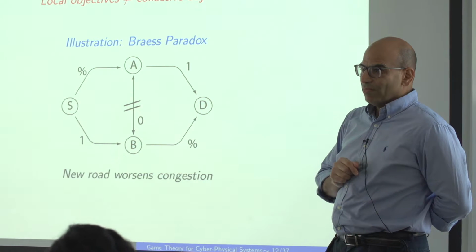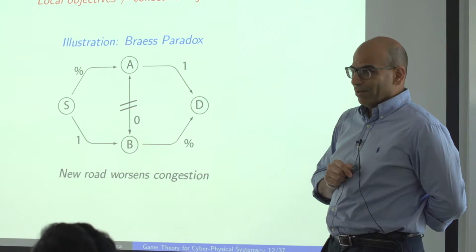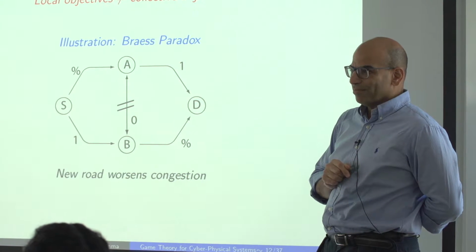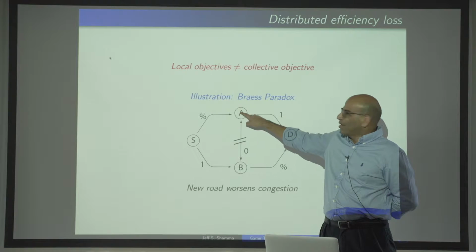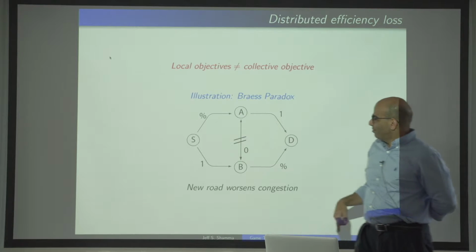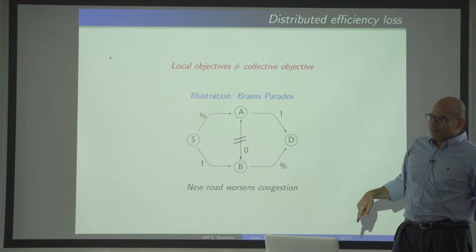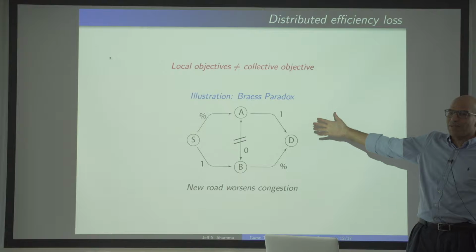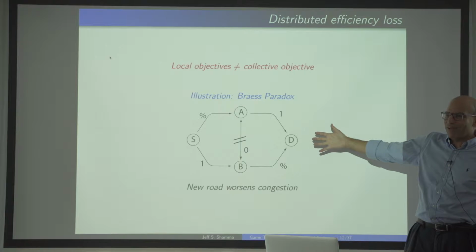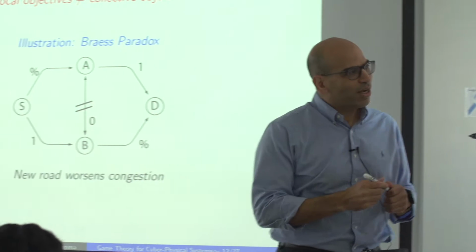The top. What does it depend on? Nothing. It always has less congestion, right? So you're always going to take this path. And then what are you going to do? Switch. Okay. So what happened by putting in an extra road? This is the Braess paradox. What is the overall congestion?